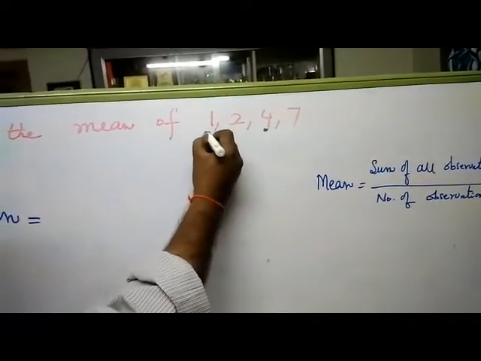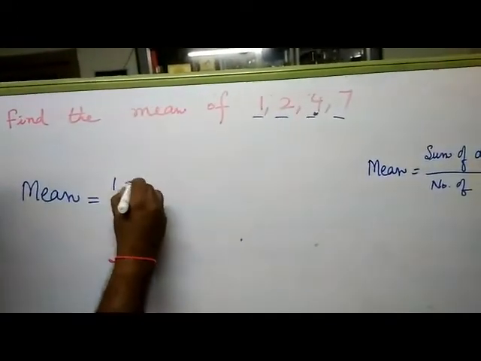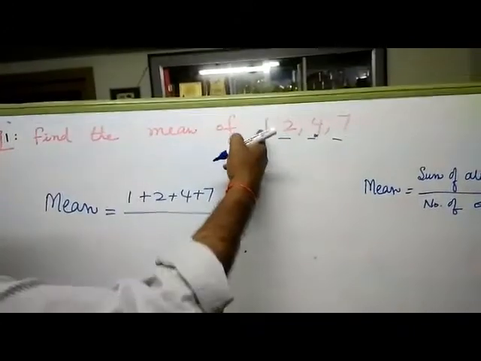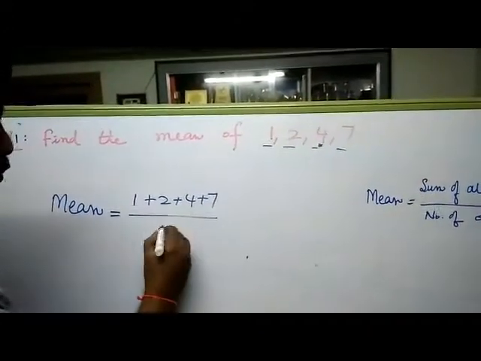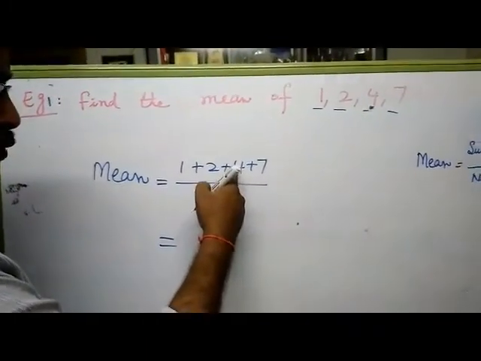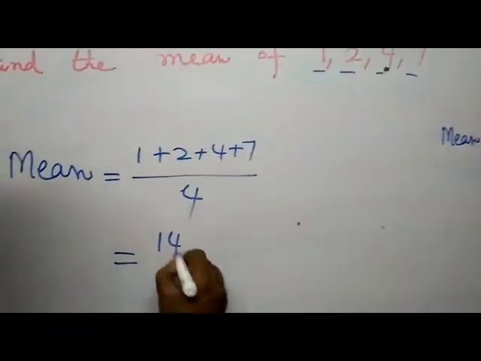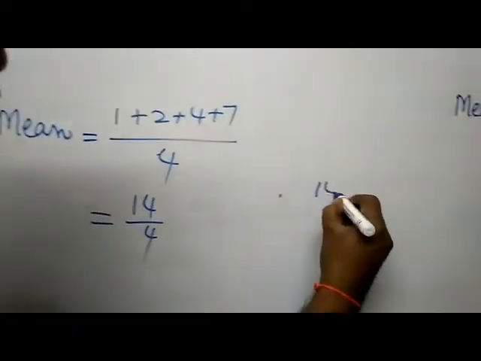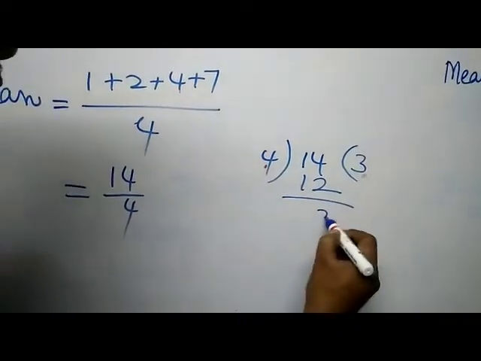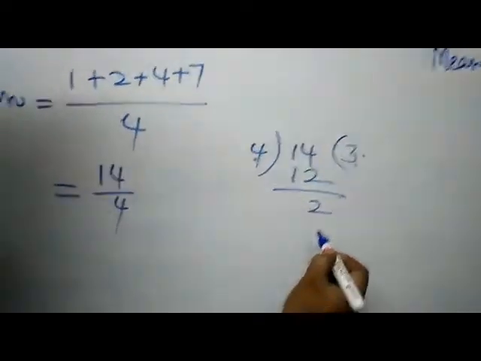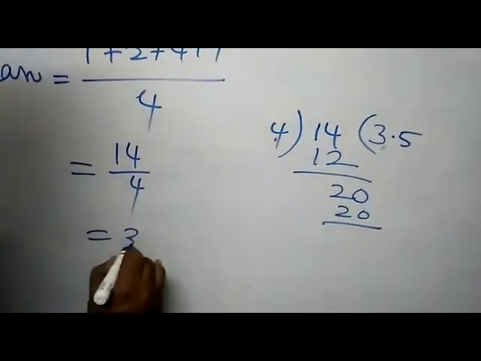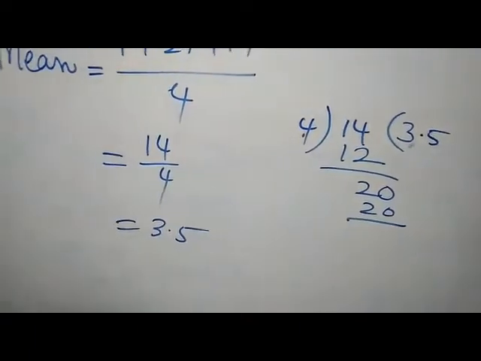That's why 1 plus 2 plus 4 plus 7, divided by total 4. 1 plus 2 is 3, 3 plus 4 is 7, 7 plus 7 is 14. 14 by 4, 4 threes are 12, so 3, keep decimal and add 0, 4 fives are 20. Answer is 3.5. That is the arithmetic mean of the given data.